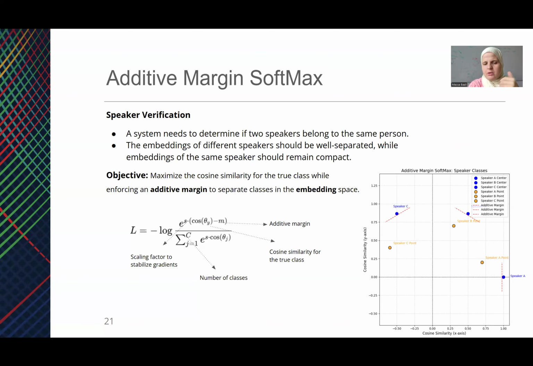So the objective is that you need to maximize the cosine similarity for the true class while enforcing an additive margin to separate the classes in the embedding space. So here, from this formula, you can see this is the additive margin where we are subtracting it from the cosine similarity for the true class.